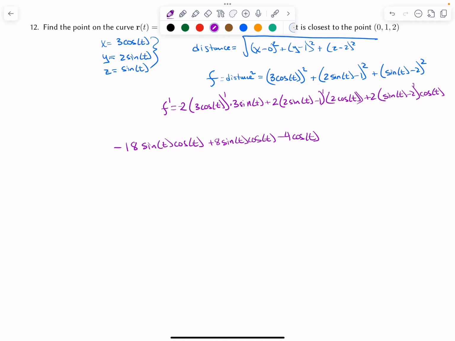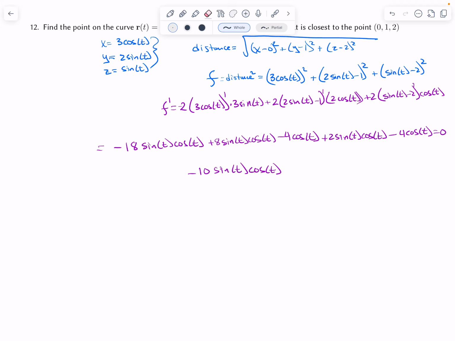And then plus 2 sine cosine minus 4 cosine. I think I got all that. If it doesn't work out, then I'll know that I made a mistake. But anyway, so there it is, and then we set this equal to 0. Let me clean this up a little bit more. This will be negative 10 sine cosine. Oh, I missed the 2 there, so negative 8.